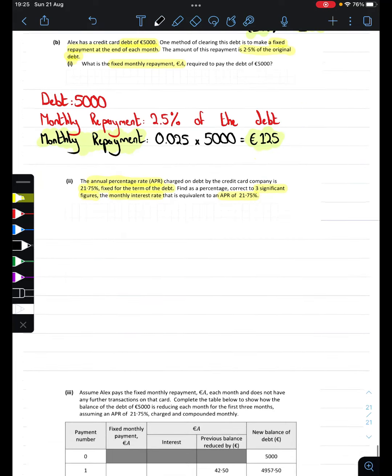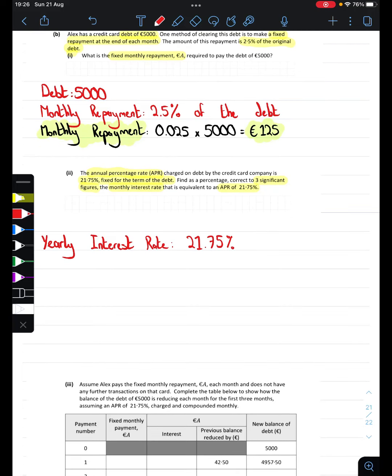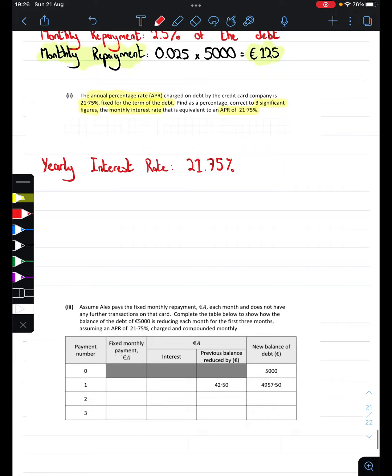Okay, so we have a yearly compound interest rate of 21.75%. And so what is the monthly? So we're looking for the monthly.